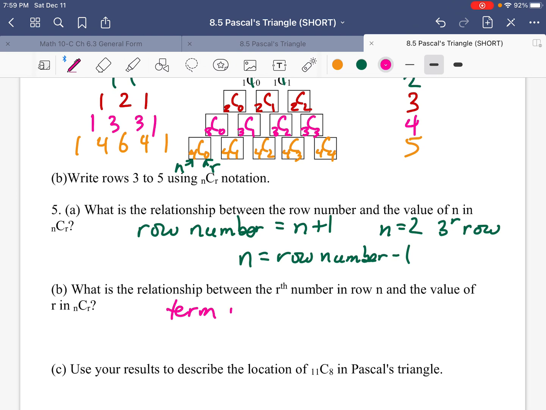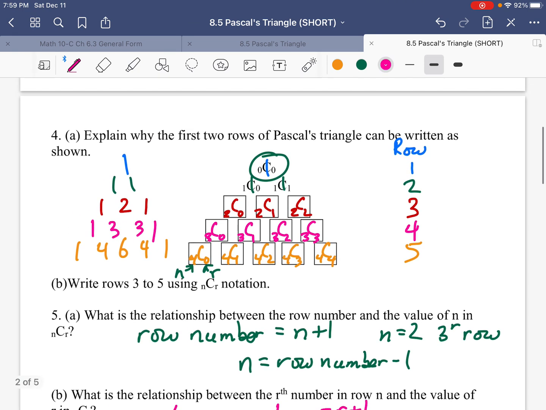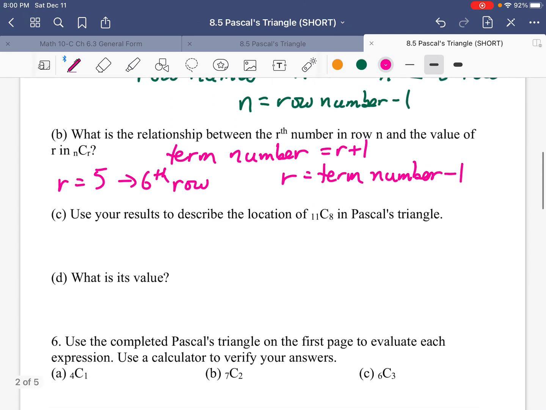What's the relationship between the rth number in row n and the value of r in nCr? Well, term number equals r plus 1, or r equals term number minus 1. So if r is 5, we're in the 6th term, because once again we start at 0C0 here.